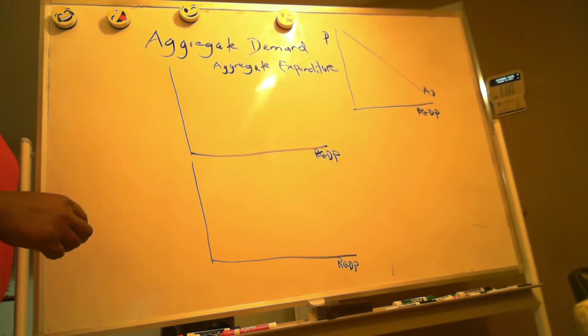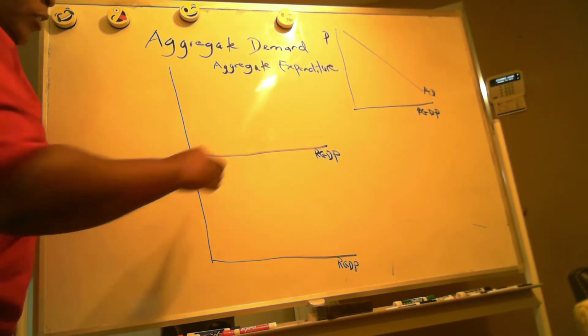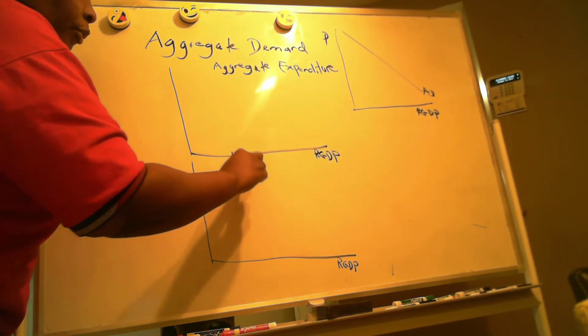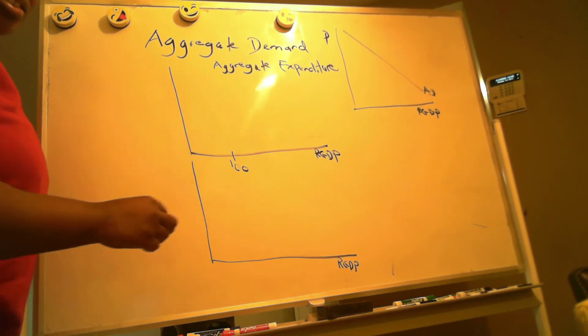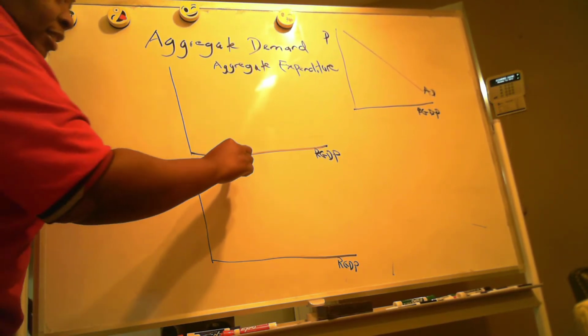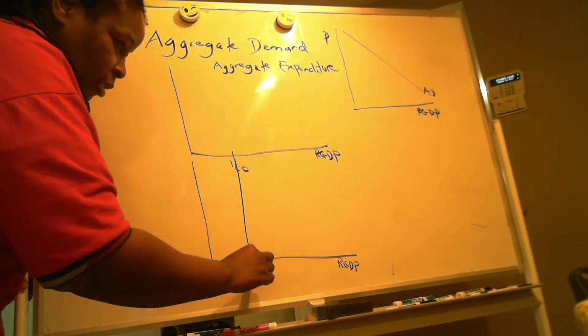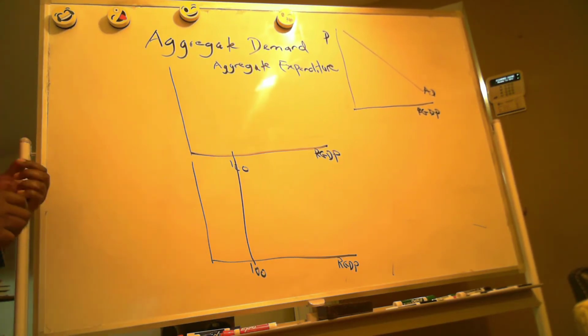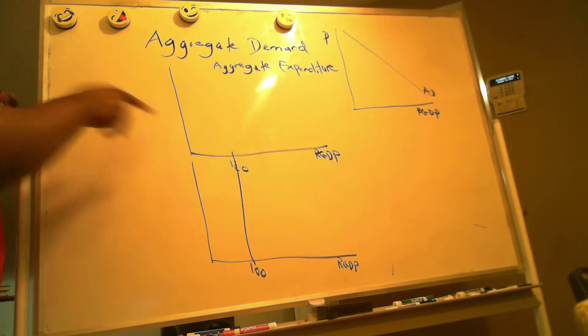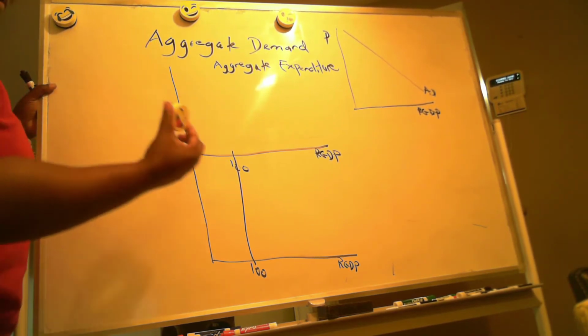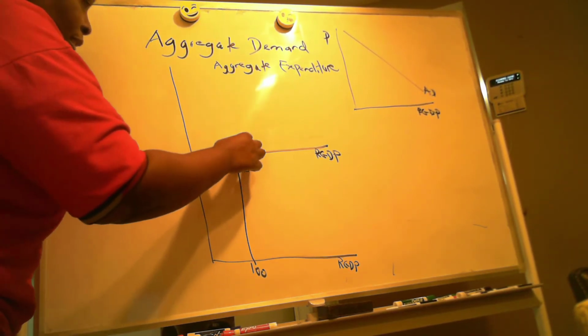Think of it this way. Let's say our GDP was 100 right here. It necessarily means in this space, this is also 100. So I am measuring the variables at the same time. Let me remove this.